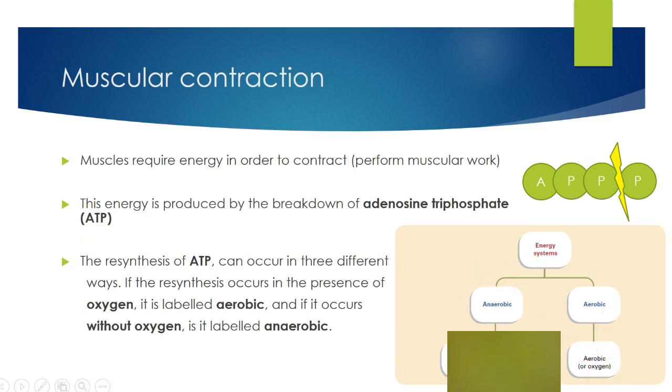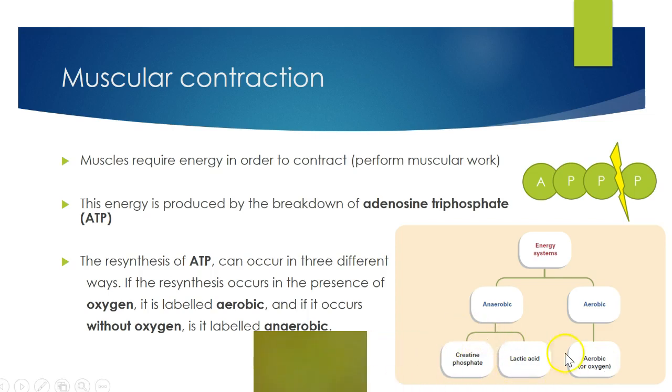There are lots of nicknames for these energy systems. You'll see lots of different nicknames on the internet, but for our purposes, we're going to be referring to them as the creatine phosphate system and the lactic acid system, which operate anaerobically, so without oxygen, and the aerobic energy system, which operates aerobically, which means with oxygen.